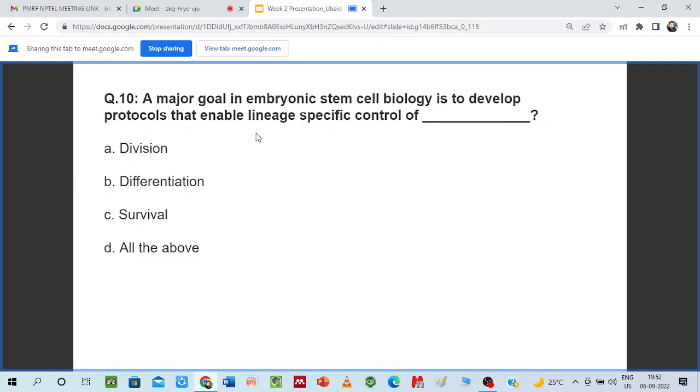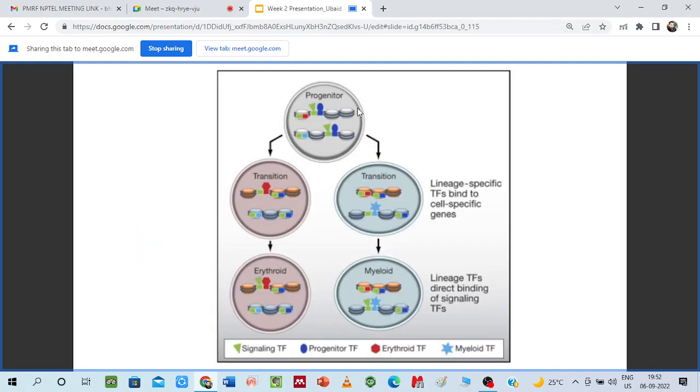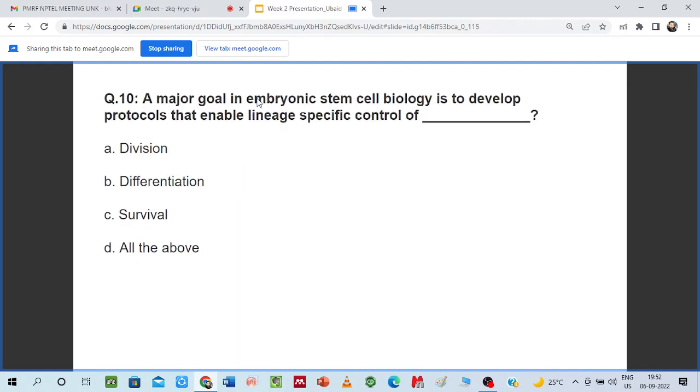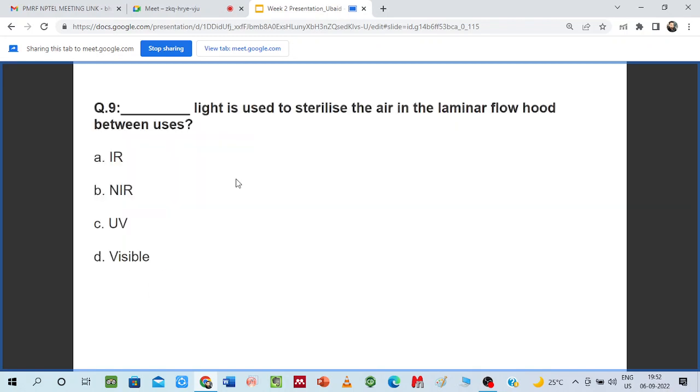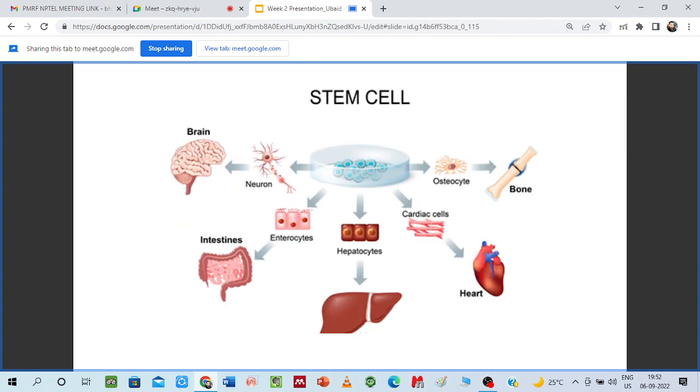Actually, in our body at the time of embryogenesis, these things happen. But if we develop the protocols, or if we know the protocols of these, we can use different transcription factors. For example, here I will go to this slide.